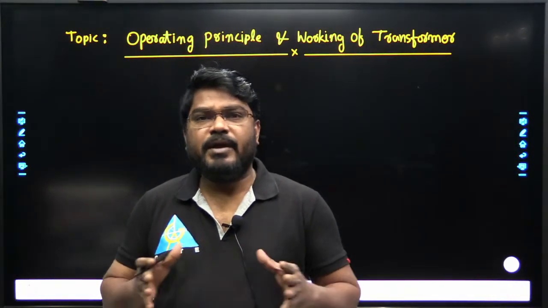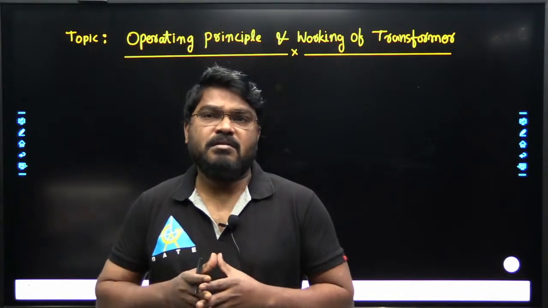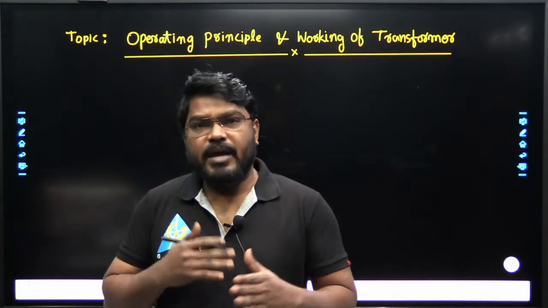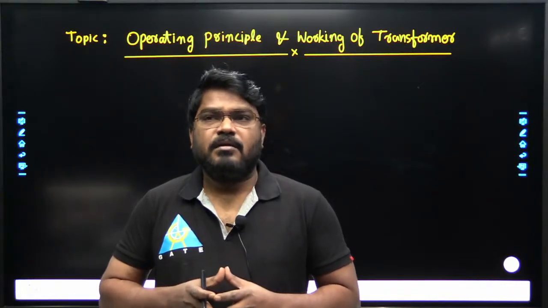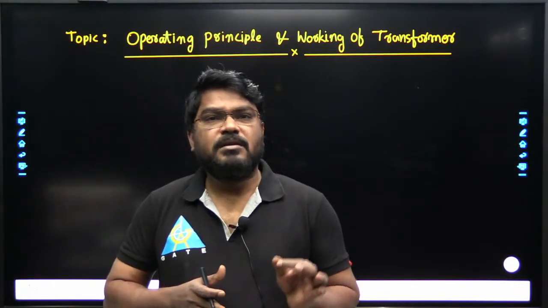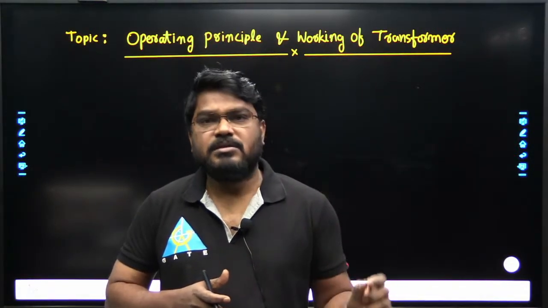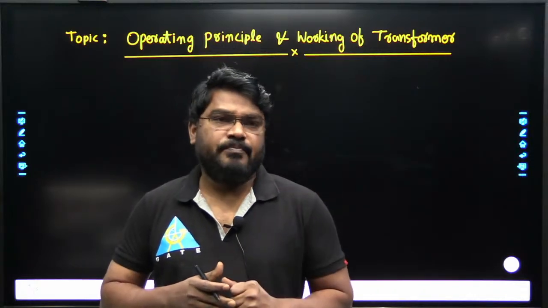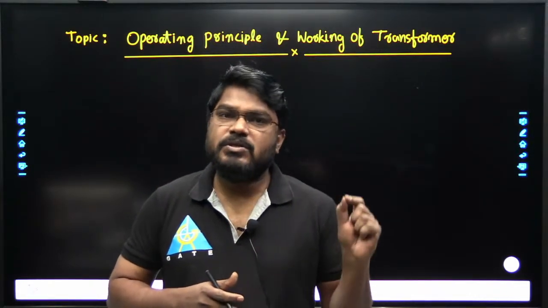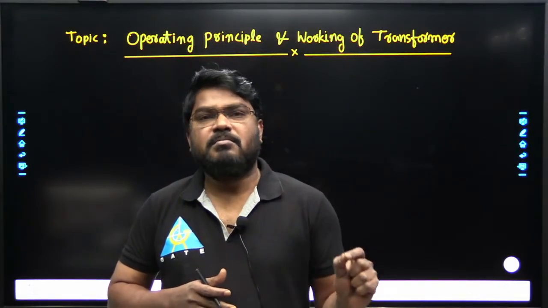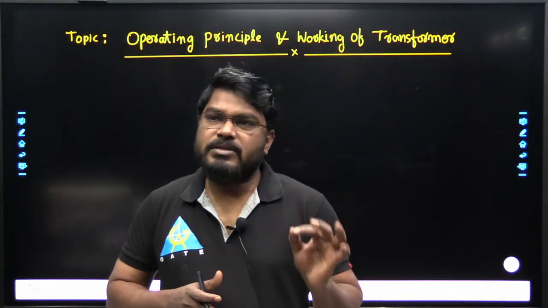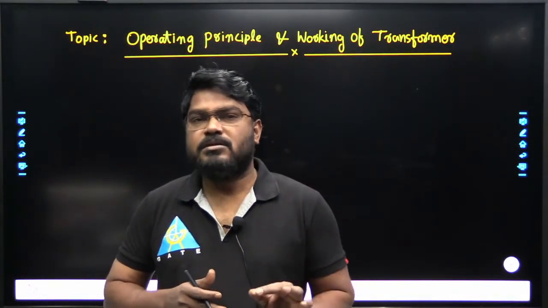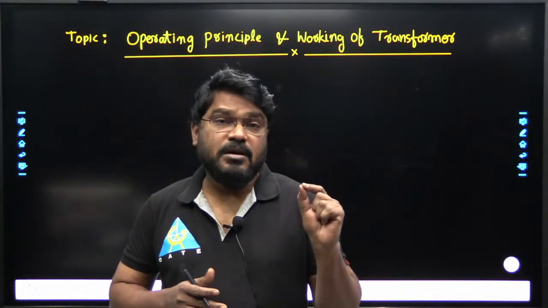This part we discussed in the previous session, and after that we discussed the applications of the transformer. Majorly, transformers are used in the transmission system and distribution system. The transformer used in the transmission system is known as a power transformer. The transformer used in the distribution system is known as a distribution transformer.